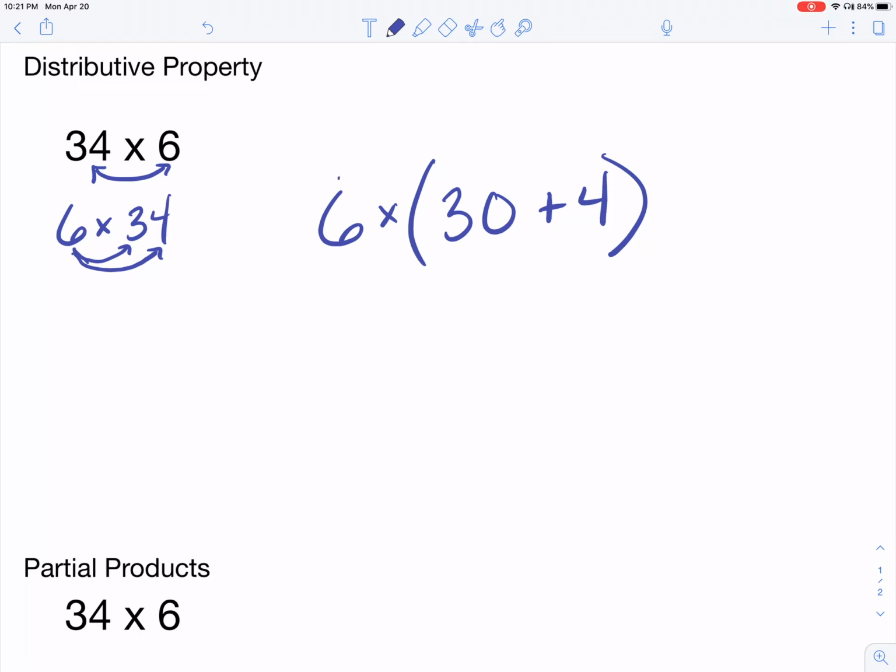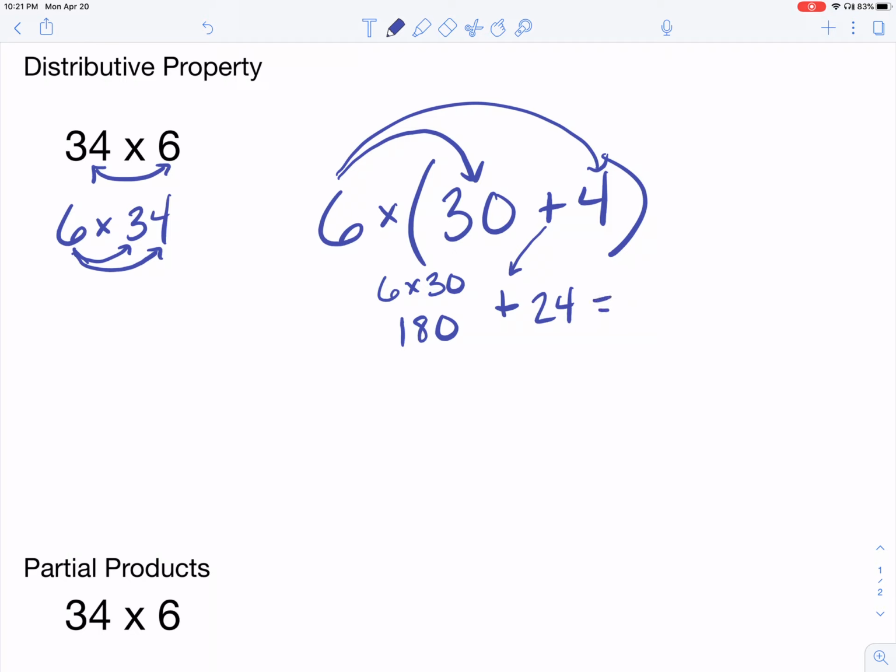So now I'm going to do 6 times 30, which we already know is 180. And we're going to add that, here's where we get our addition sign, to 6 times 4, which is 24. So we have 180 plus 24. And that is 204 again.